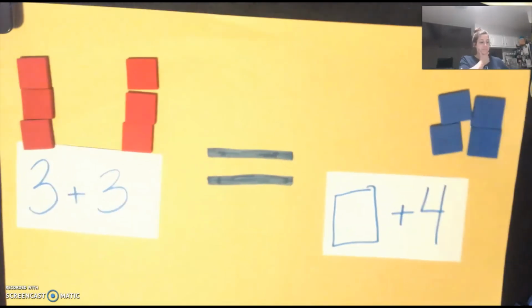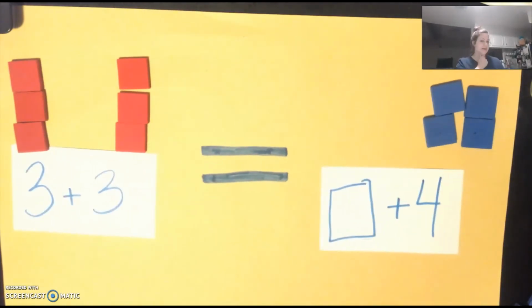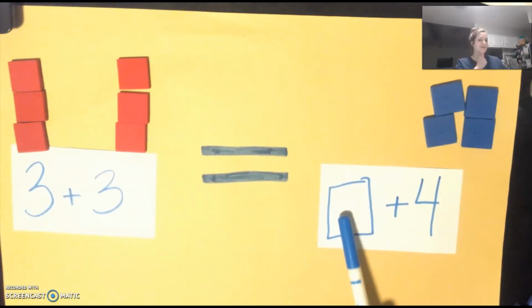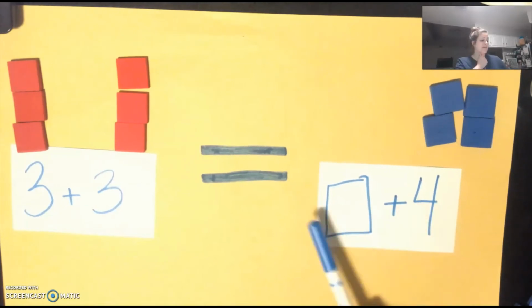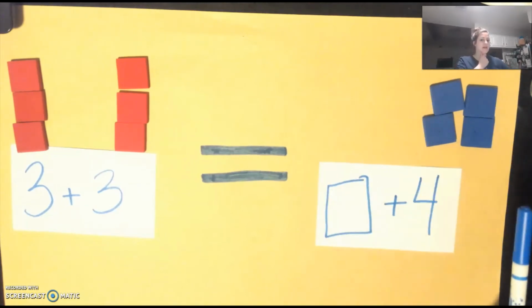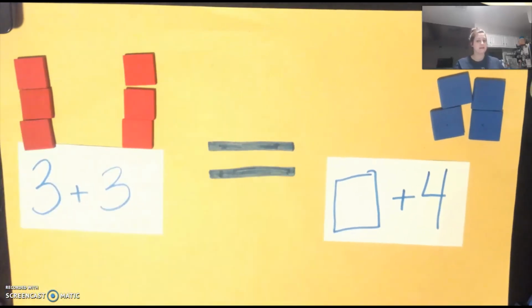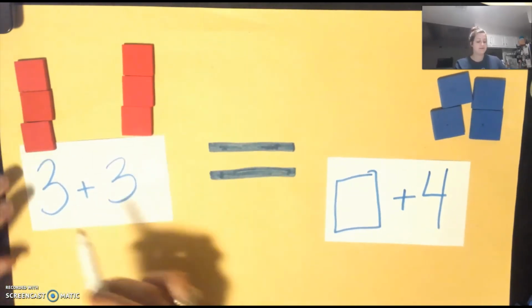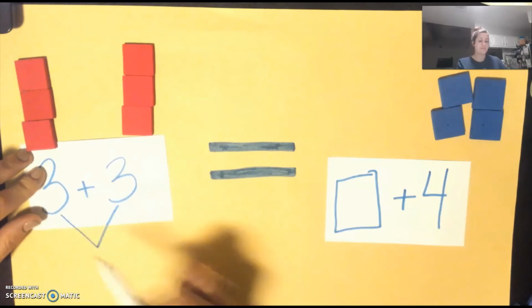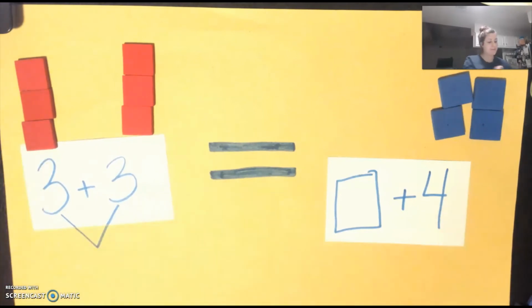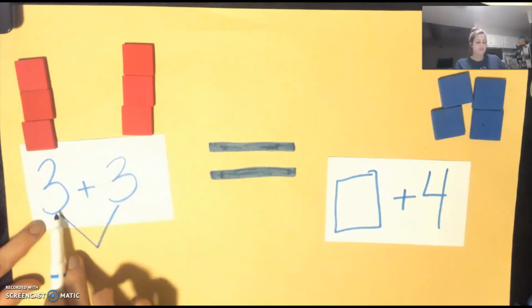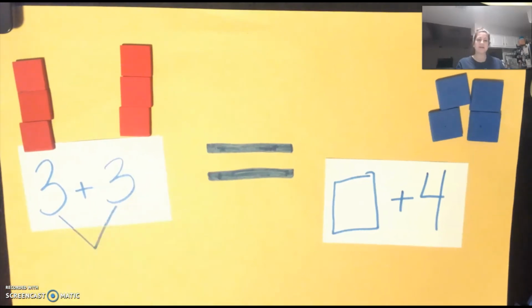Here's how I'm going to solve that. I've got to figure out what goes in this box to make this side of the equal sign the same as this. So what I'm going to do is draw a bracket. 3 plus 3, what does that equal?